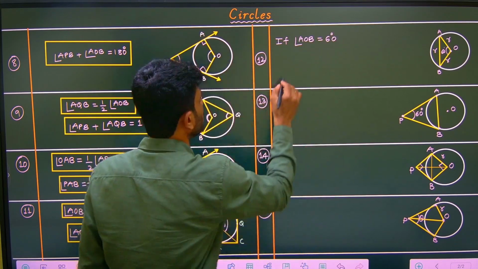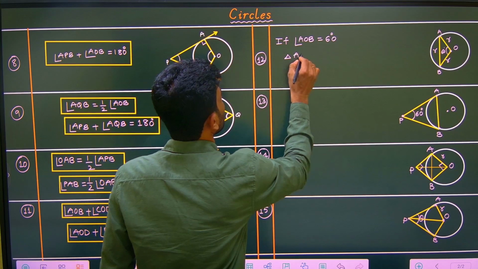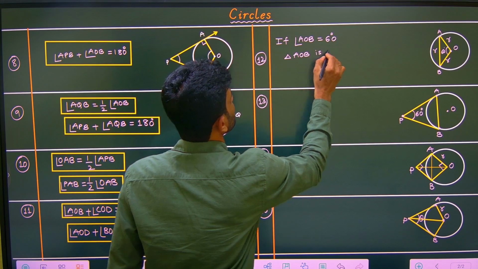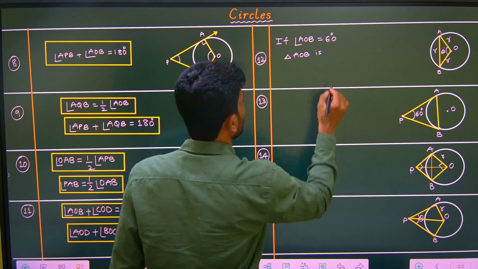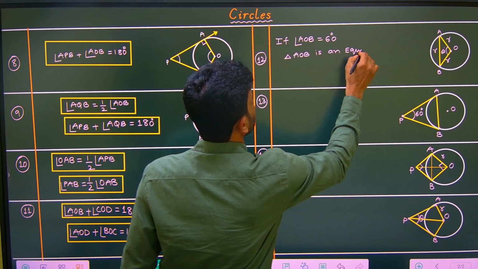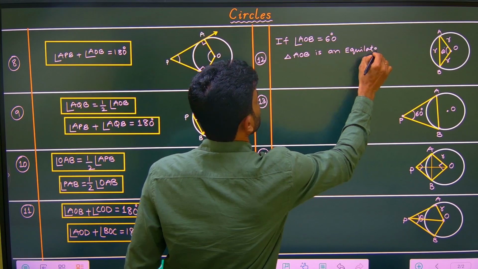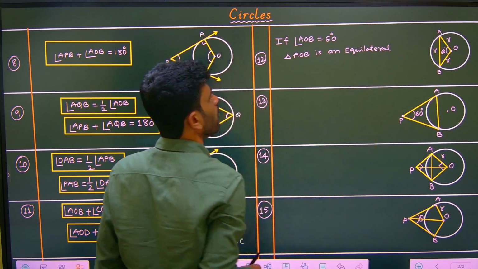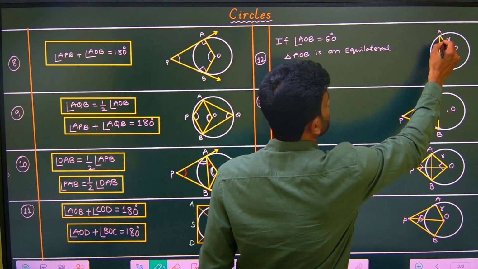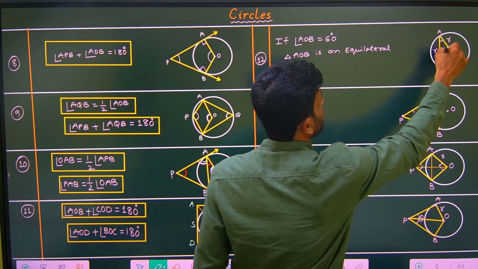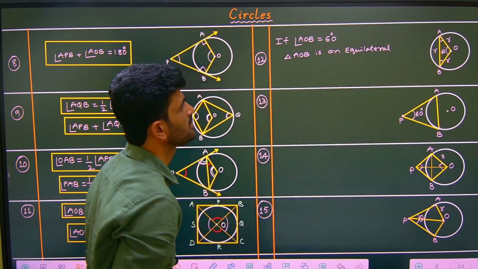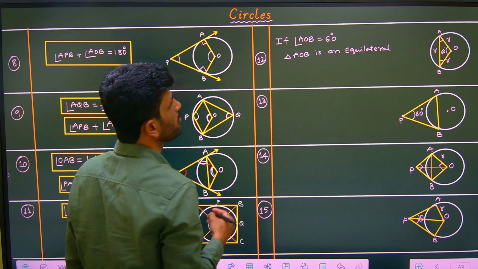Triangle AOB is an equilateral triangle. Remember this. If angle AOB is 60 degrees, these two angles are equal because it is already isosceles. Then these two angles must also be equal, so they will be 60, 60. So every angle is 60 degrees, and it becomes an equilateral triangle.